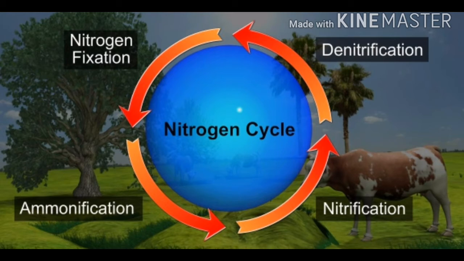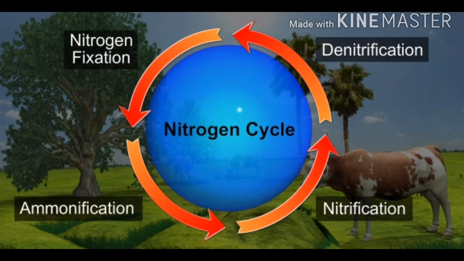And now this ammonia is converted into nitrites and nitrates. There are two bacteria which convert this ammonia into nitrites and nitrates. The first is Nitrosomonas bacterium, which converts ammonia into nitrites.